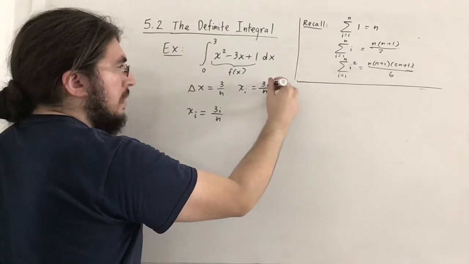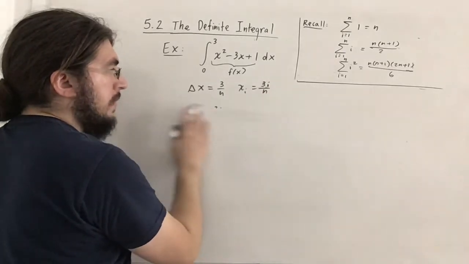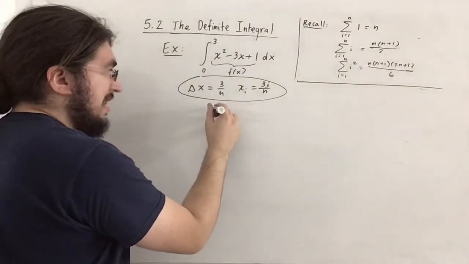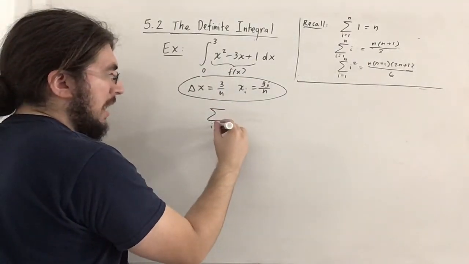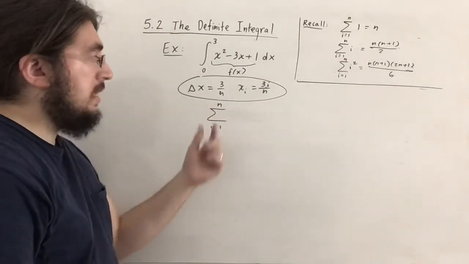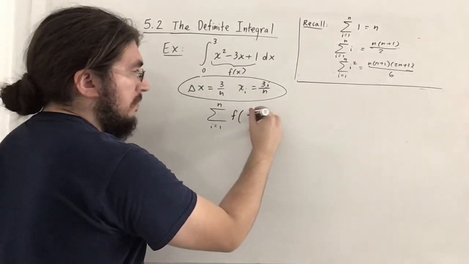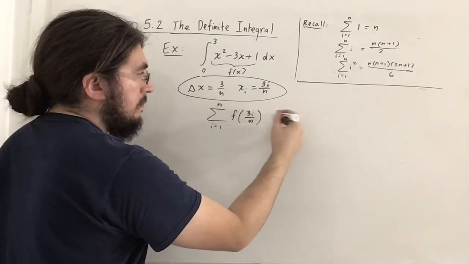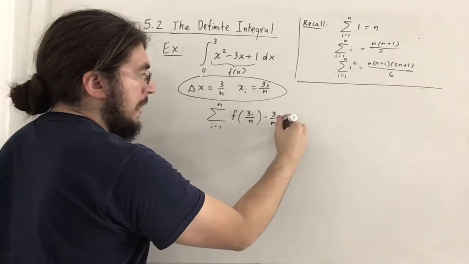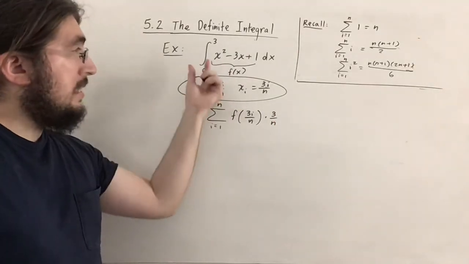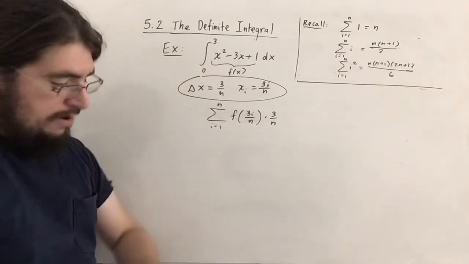Awesome. Now we'll continue to actually write the Riemann sum. The Riemann sum is the sum as i goes from 1 to n of f of x sub i, so f of 3i over n, times delta x, which is 3 over n. We can plug this into f and go from there.